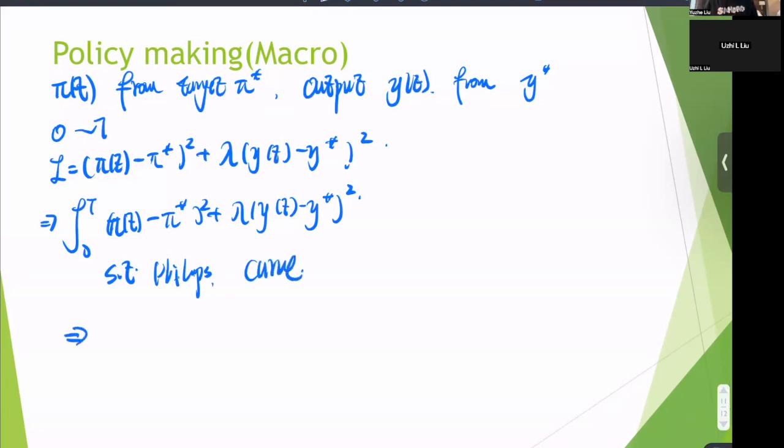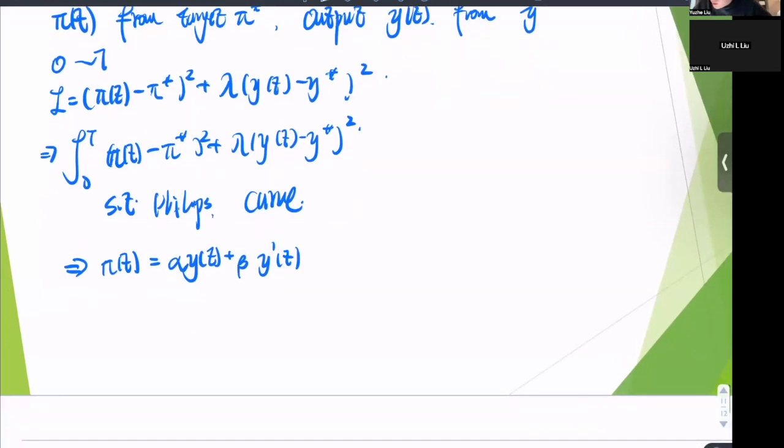Notice that the Phillips curve is given by pi of t, and alpha and beta are just the coefficients, the scale parameters here.